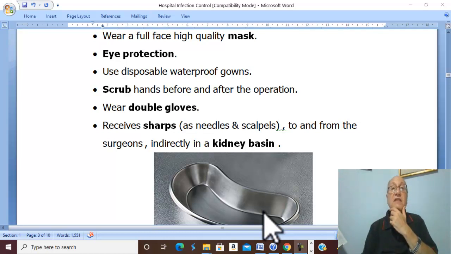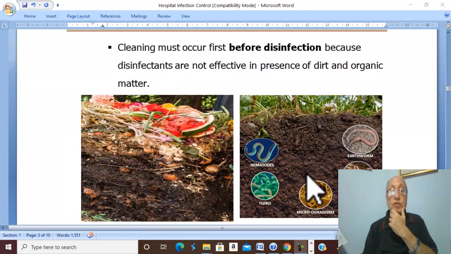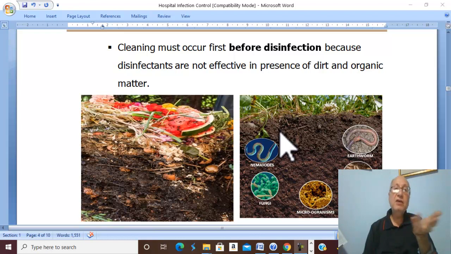For effective disinfection and sterilization, we should remove all gross dirt like dust, food particles, worms, parasites, etc. These are the organic materials and dirt which should be removed.